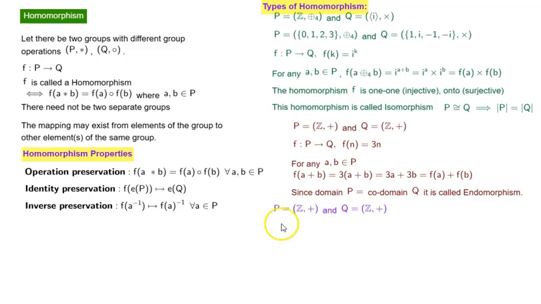Let's look at another example. Again, P is equal to the set of integers under addition. Q is the set of integers under addition. Now, F of n is equal to minus n.